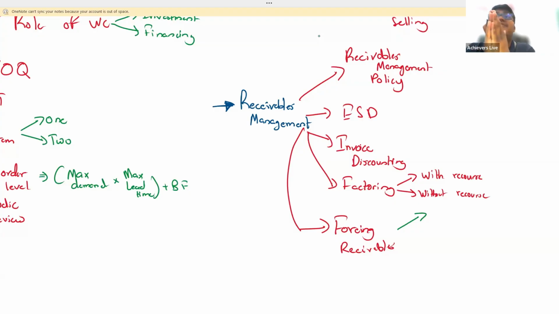What are the different methods to manage foreign receivables? Make it quick. Fast, fast.